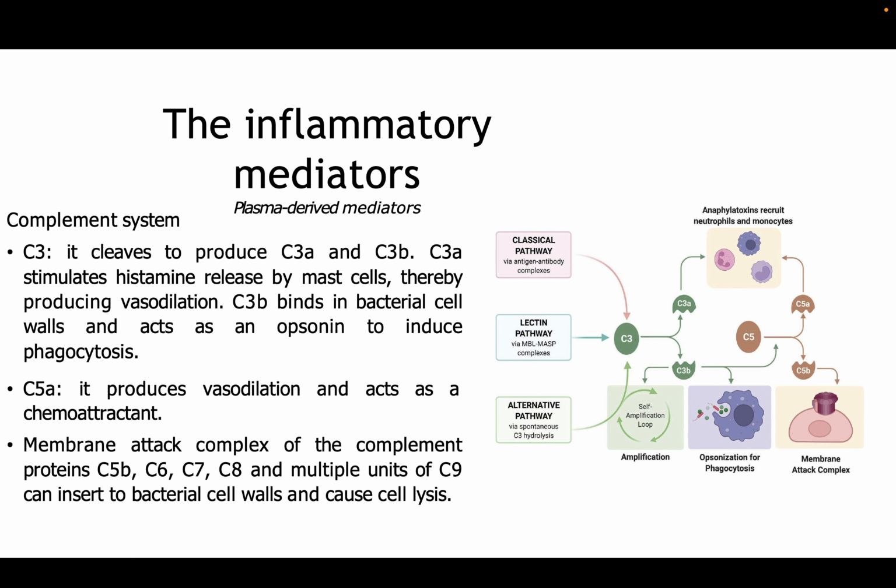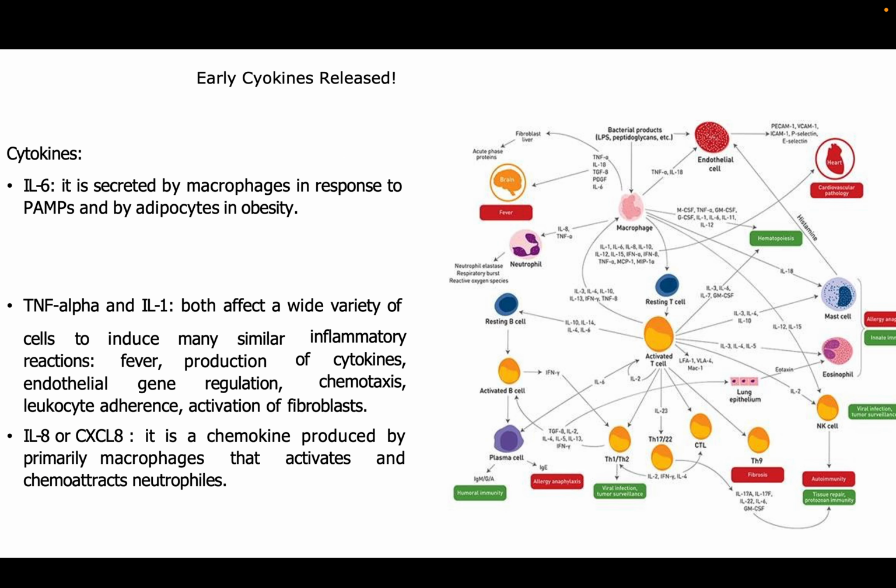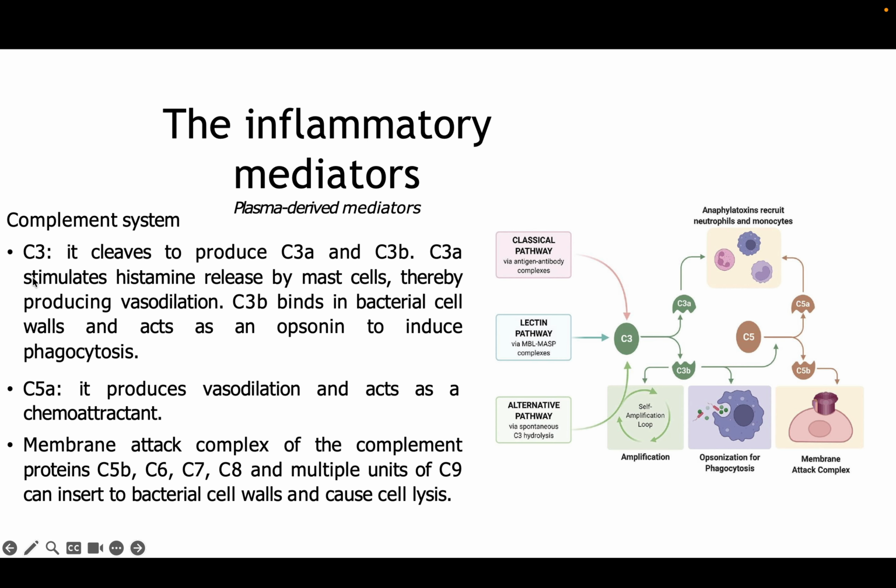But also in this case, interleukin 6 is important because it pushes your liver to produce certain proteins, and specifically your complement system. Interleukin 6 pushes the liver to produce a lot of complement, and the complement are going to come to the site of infection, and they're going to act within seconds, either through the classical pathway if there are antibodies there, or through the mannose-binding lectin pathway if there's mannose.